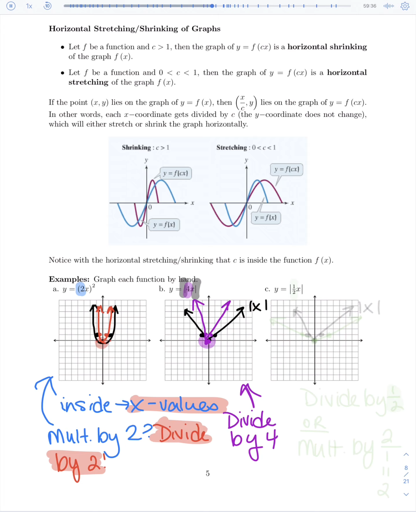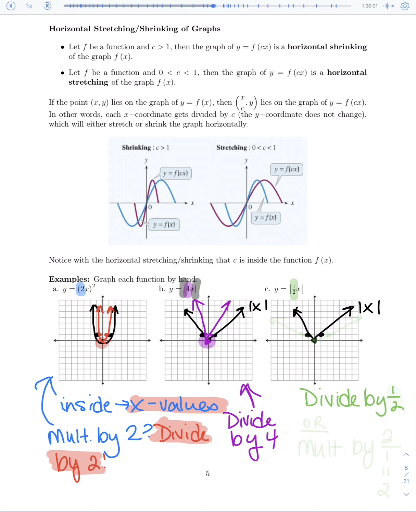Last one is an absolute value graph. Again, (0, 0), (1, 1), (-1, 1). You've got your V shape. The question is, what would the 1/2 do on this last one? Again, it looks like you're multiplying by a half, so you're going to divide by a half instead.